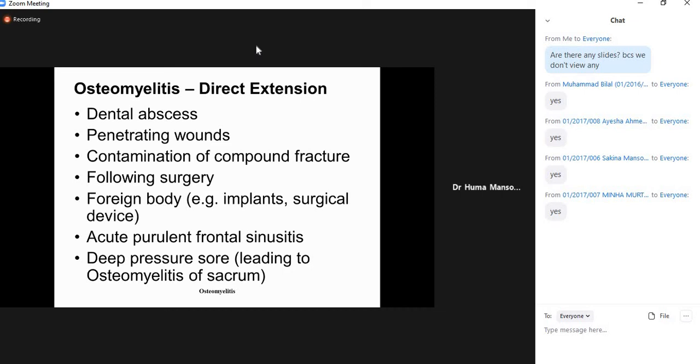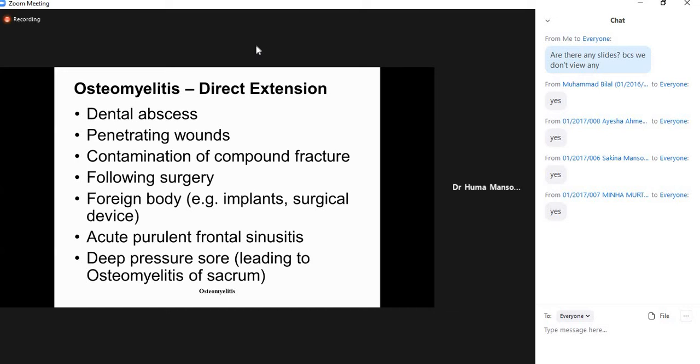Sometimes from a dental abscess, the organism can gain access to the bones and the joints. Or from penetrating wounds, or from contamination of a compound fracture, or following surgery, or due to placement of an implant, prosthesis, or any surgical device, or any synthetic or bioprosthetic valve implanted in the heart.